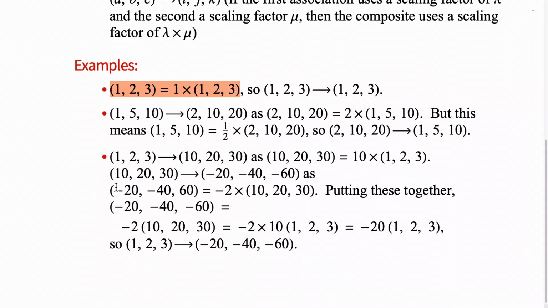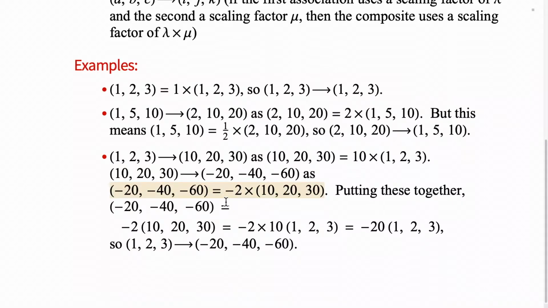And last, the triple 1, 2, 3 is linked to 10, 20, 30 because you can get that by a scale factor of 10. 10, 20, 30 is linked to negative 20, negative 40, negative 60, as negative 20, negative 40, and negative 60 is negative 2 times 10, 20, and 30. So if you put these together, negative 20, negative 40, and negative 60 was minus 2 times 10, 20, 30.